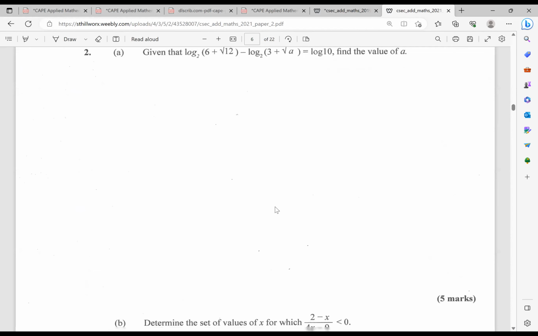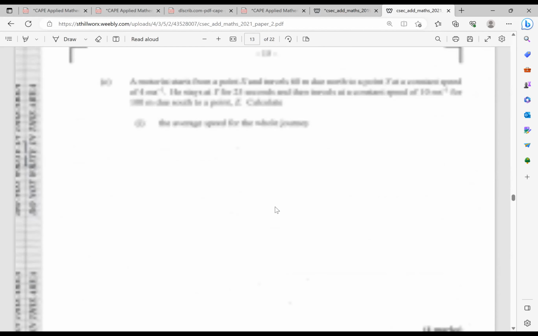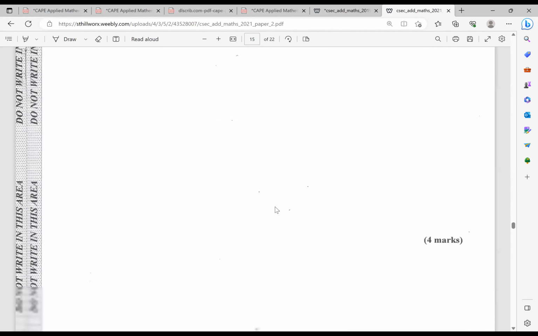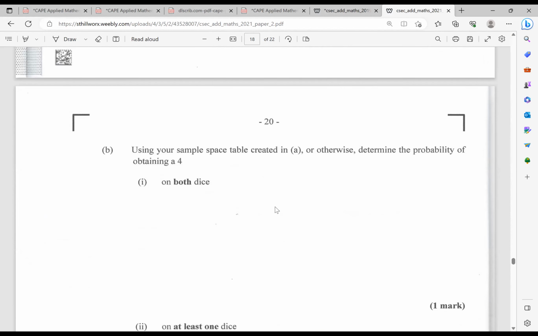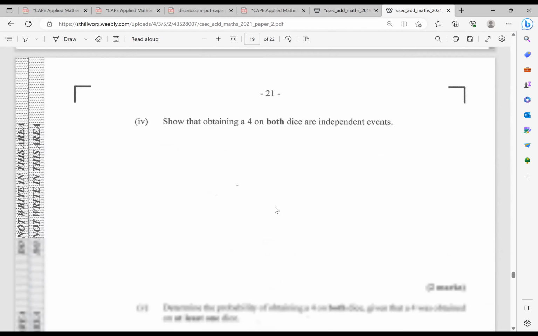Let's see what the statistics question for 2021 was. We'll do that one after as well.